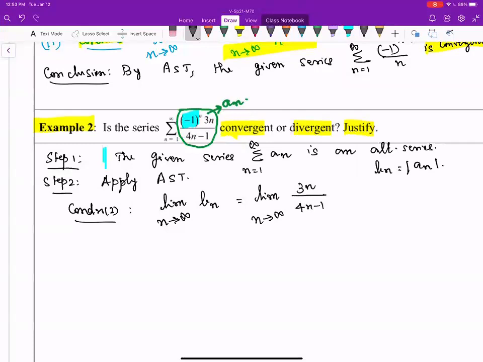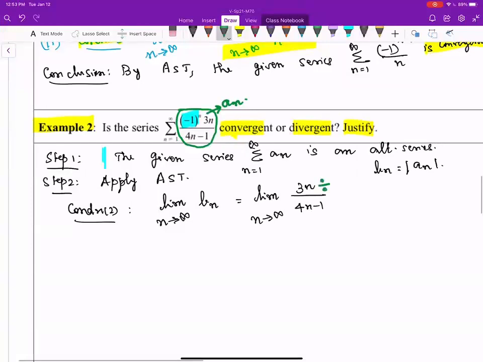When both have n in it, if we directly apply infinity for n, it is infinity over infinity type, which is indeterminate. So we divide the numerator by n and the denominator by n as well. Now it becomes 3n over n, which is equal to 3, over 4n over n, which is 4, minus 1 over n.